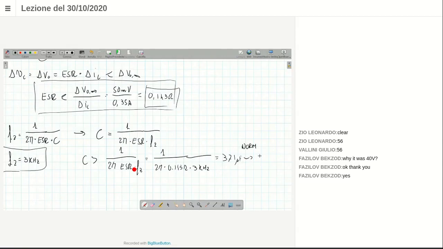Normalized, it becomes 390 microfarad or even 470. Is that clear?